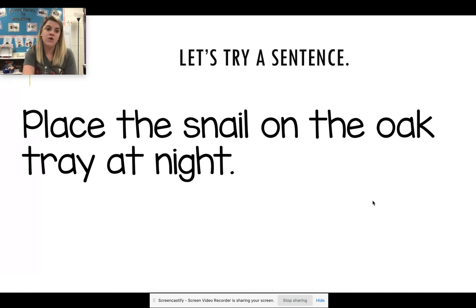Place the snail on the oak tray at night.